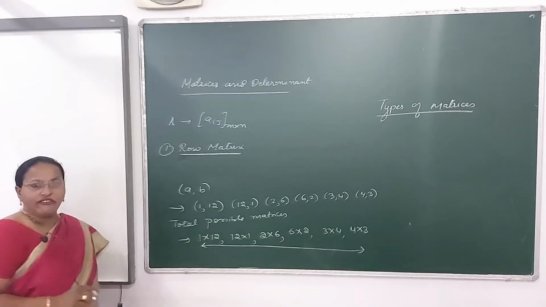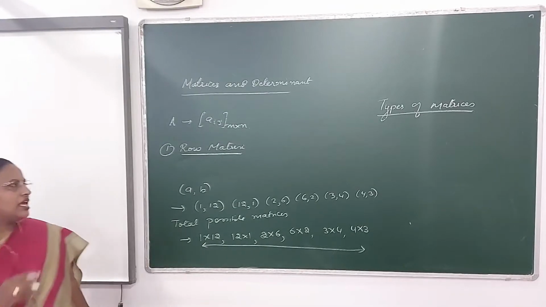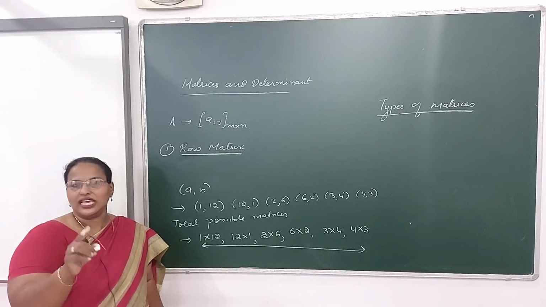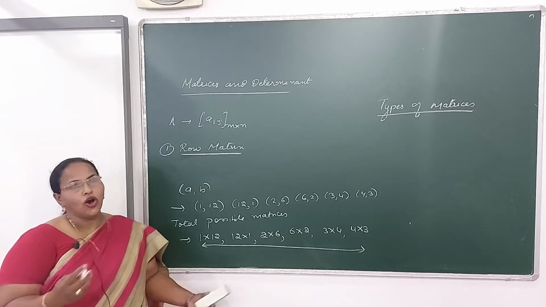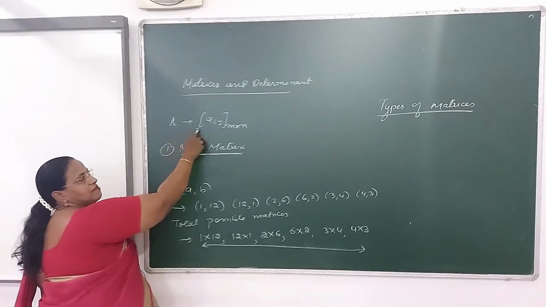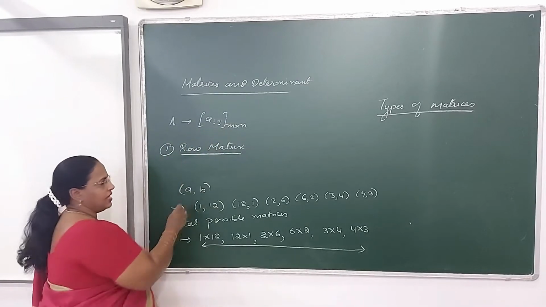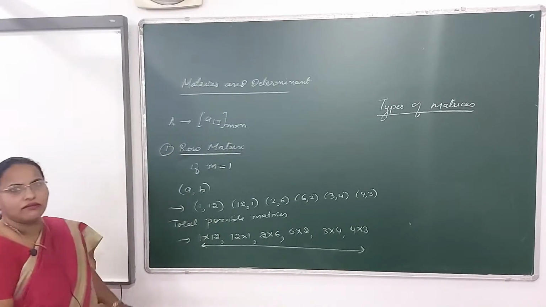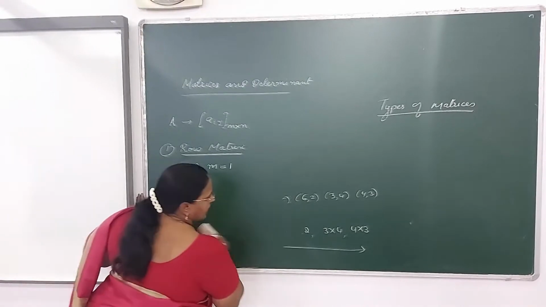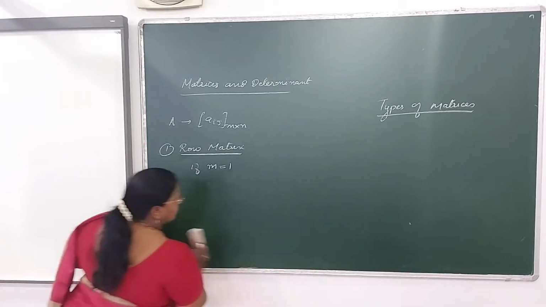In two ways you can define this. A matrix having a single row is known as a row matrix. Or you can say, if A is a matrix [Aij] of order m by n, if the value of m is 1, then the matrix will be called a row matrix.